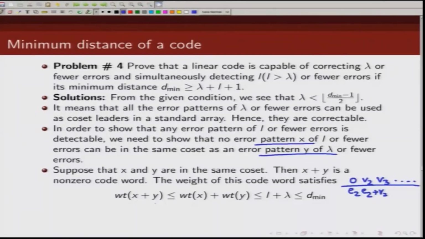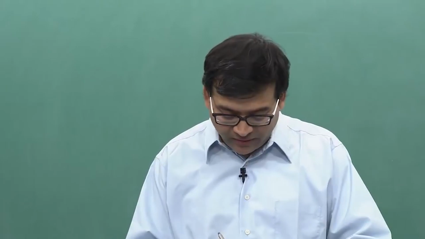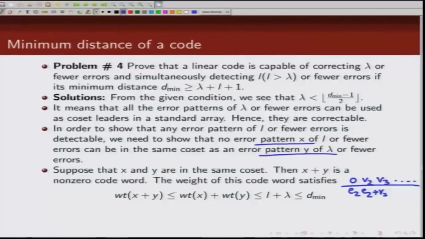So, weight of x plus y is less than or equal to weight of x plus weight of y, because it is possible that there are some common elements between x and y. That is why the weight of x plus y is less than or equal to weight of x plus weight of y.